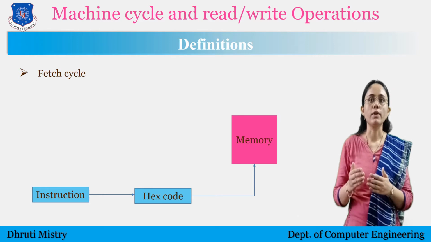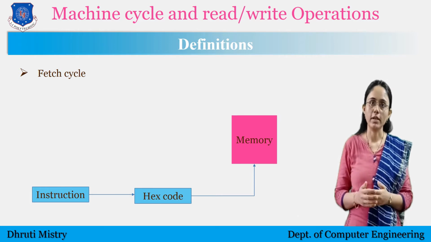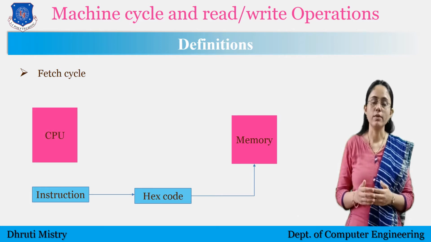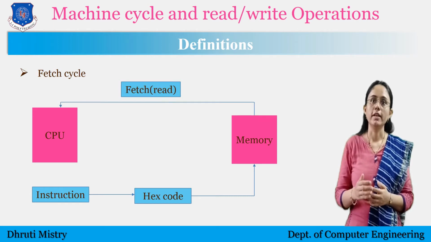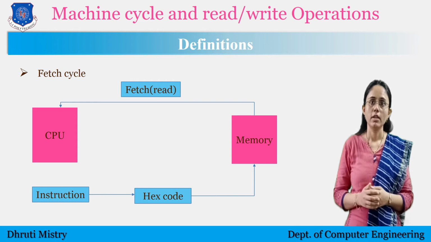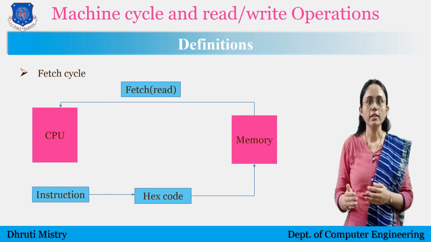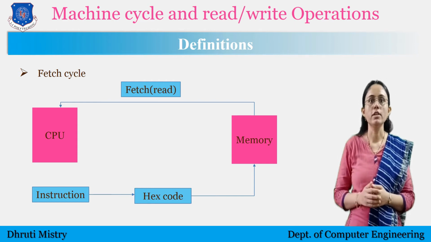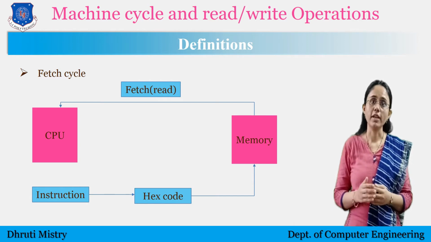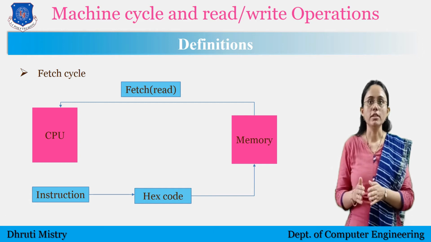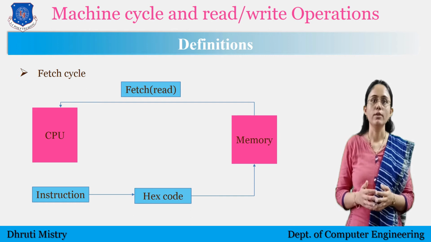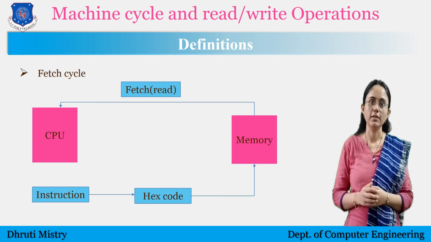During the process of running an uploaded program, the processor first has to read from the memory the instruction that is to be executed. This process of reading the code for the instruction to be executed is called the fetch cycle. We can say that during this cycle, the instruction to be executed is fetched from memory.